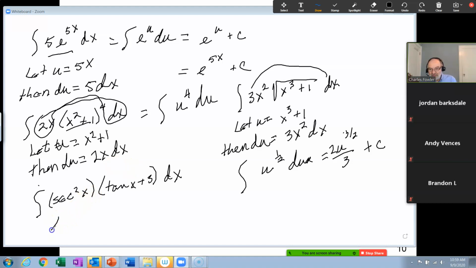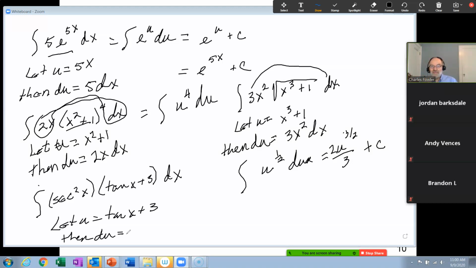Let's do that. Let u equal tangent x plus 3. Always follow the let by then. du is equal to what? Now we get into how well we remember our trig derivatives.